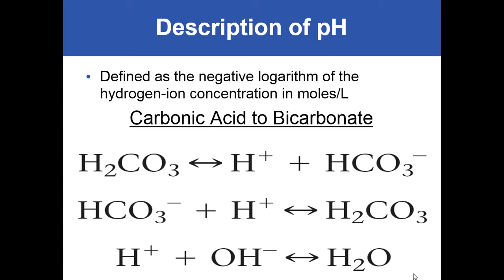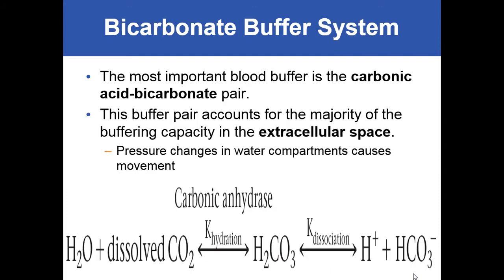And just to remind you, this was all on one little chart. I don't know why they stuck the hydrogen in there, but just to make sure you understood that it can react to make water. But we are looking at the carbonic acid to bicarbonate buffering system for our pH. It is considered the most important blood buffer.